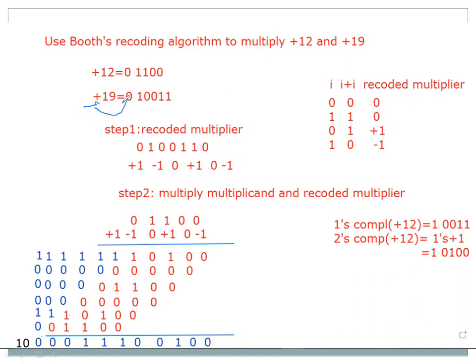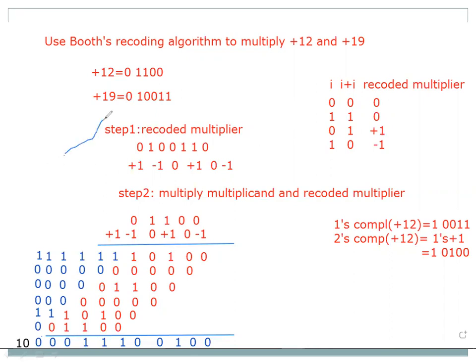The first bit of the binary represents the sign. Therefore, if it is a positive number, you have to put 0 in the sign bit. What about the binary value of 19? It is nothing but 1 0 0 1 1. So the equivalent binary value of plus 19 is 0 1 0 0 1 1.